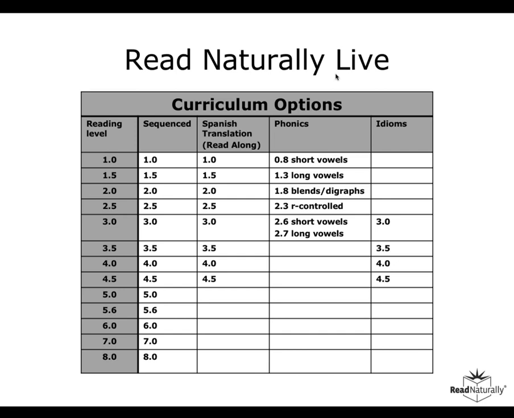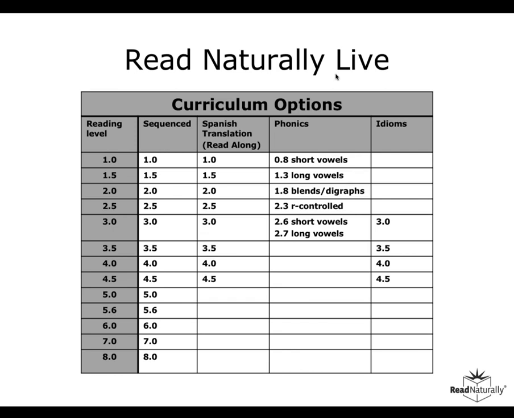Our phonics series is appropriate for students reading approximately 3rd grade reading level or below, and who also need phonics support in the key areas that you see here listed. So again, for example, level 1.3 is going to be at roughly somewhere between a 1st and a 2nd grade reading level, and is appropriate for students who need support with long vowel sounds.